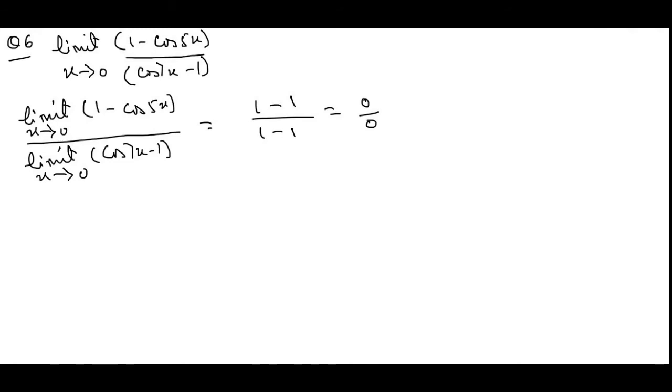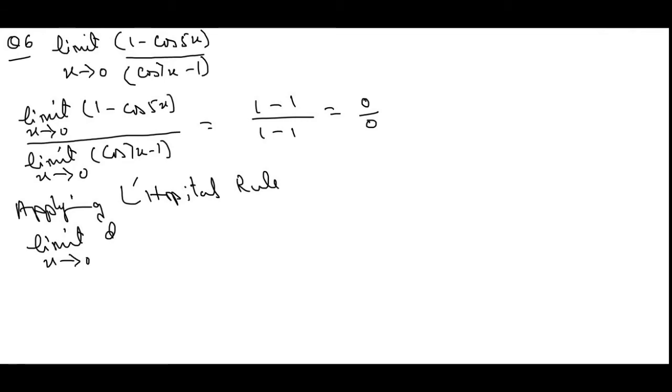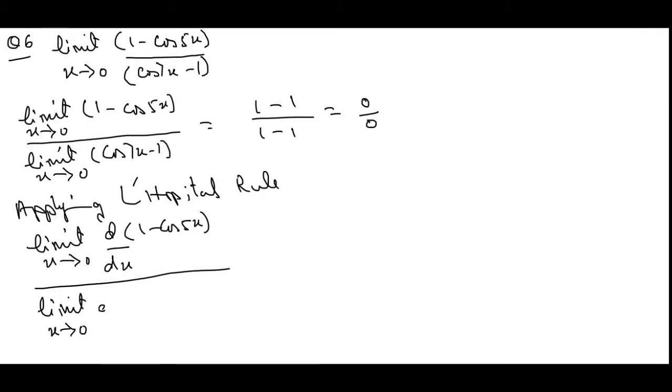So applying L'Hopital's rule, limit x approaches 0, d by dx of 1 minus cos 5x, whole divided by limit x approaches 0, d by dx of cos 7x minus 1.